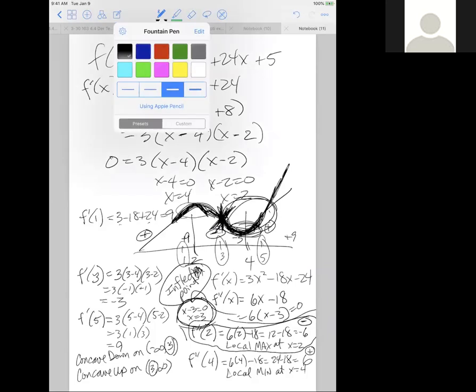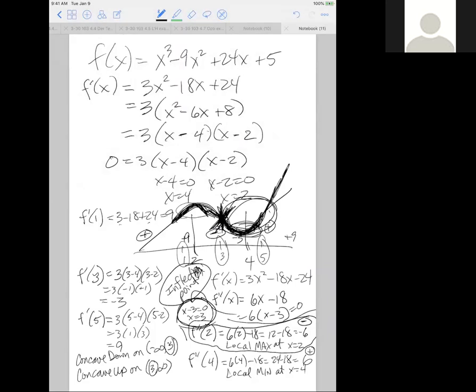We got the second derivative and plugged in the critical value, the critical x, into the second derivative.